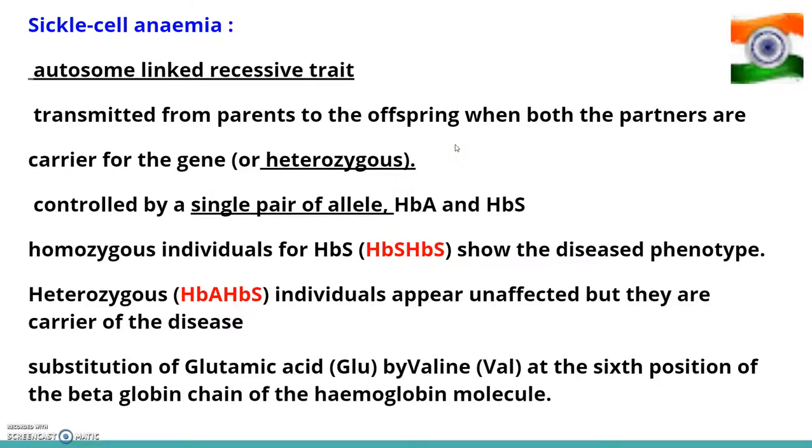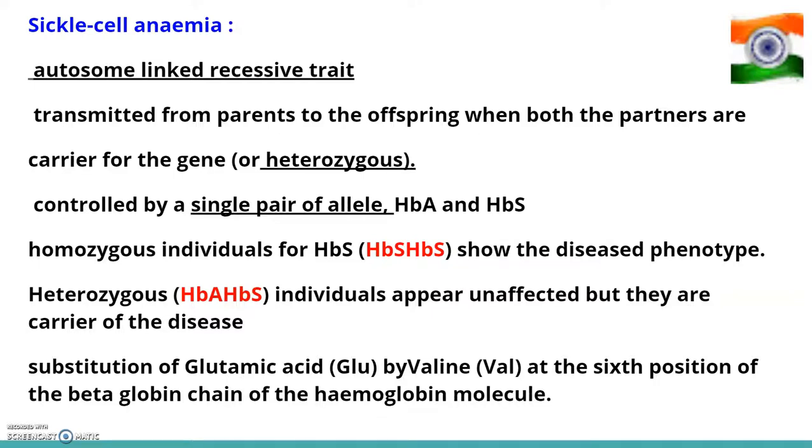The disease is controlled by a single pair of alleles, HBA and HBS, as we are representing here. Out of 3 possible genotypes, only homozygous individuals show the disease phenotype, and heterozygous individuals appear unaffected but are carriers of this disease, as there is a 50% probability of transmission of this mutant gene to the progeny, thus showing sickle cell anemia.